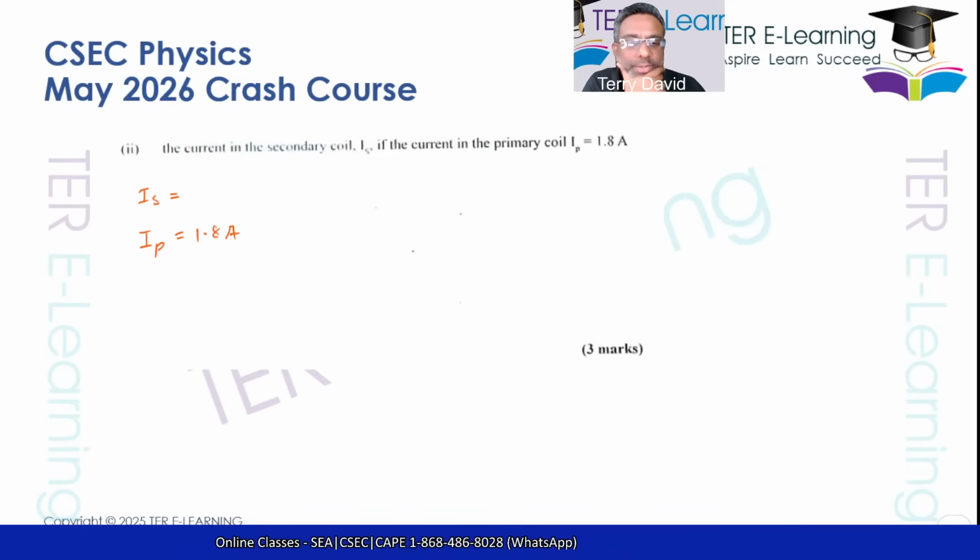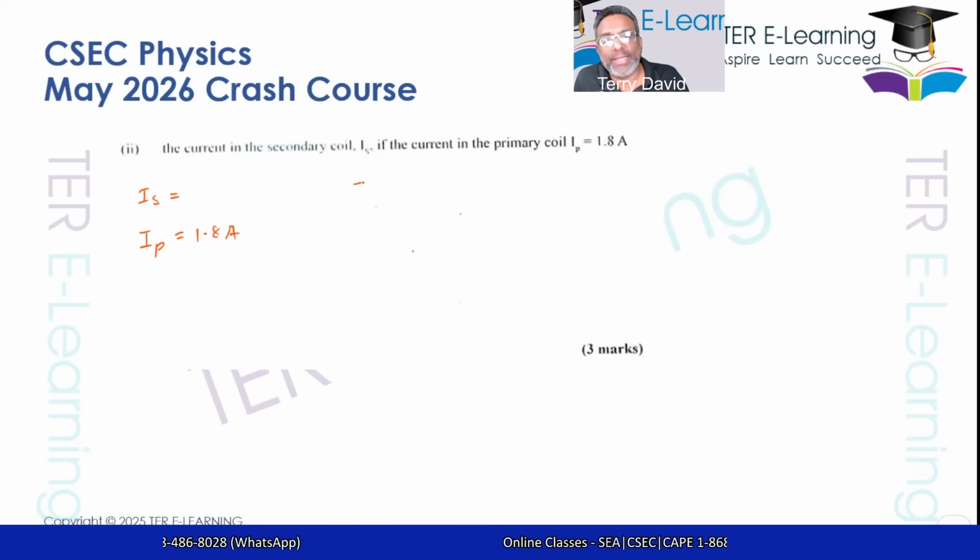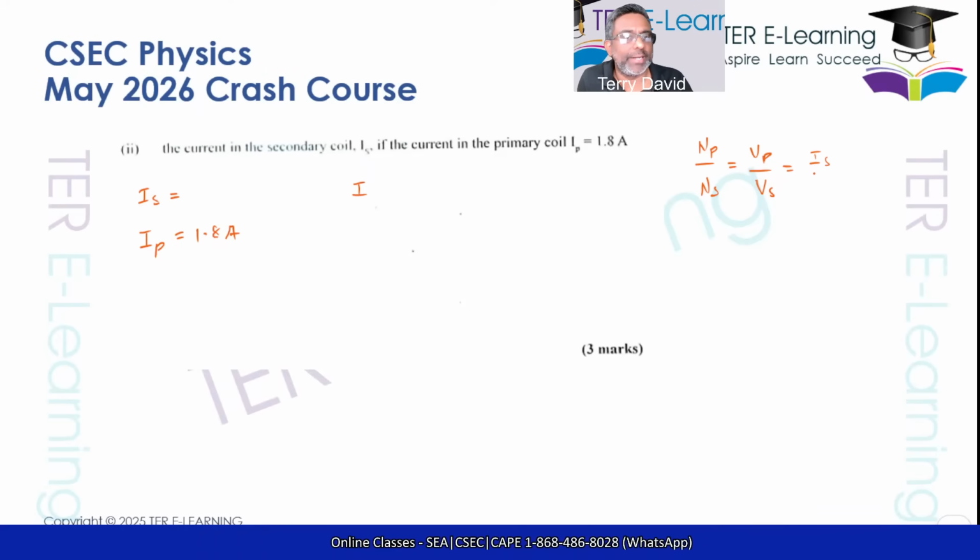Yeah, sorry about that. Okay, so you want to work out the current in the secondary. So first of all, there is a relationship. Now, some teachers might teach you it like this. You might say Np on Ns, number of turns in the primary over number of turns in the secondary, is voltage in the primary over voltage in the secondary. And then they tell you this, I secondary over Ip.